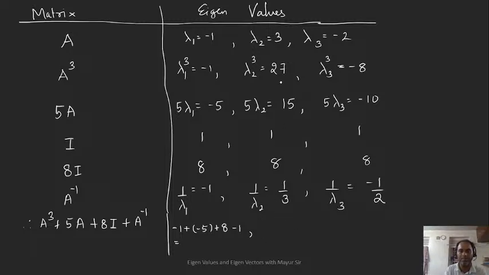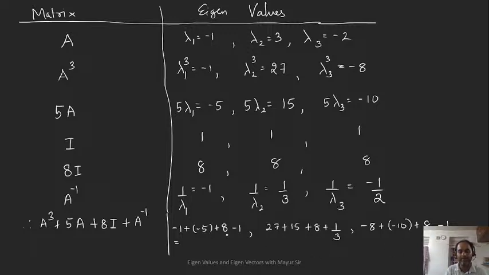Okay, so here A cube is 27, and then 5A is 15, and then there is 8, and then there is 1 by 3. Here we have A cube is -8, then 5A is -10, then 8I is 8, and then there is minus half.